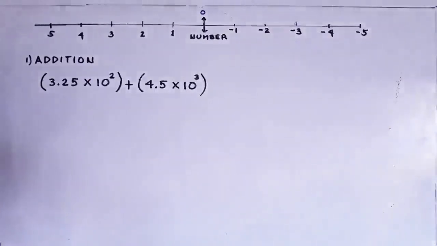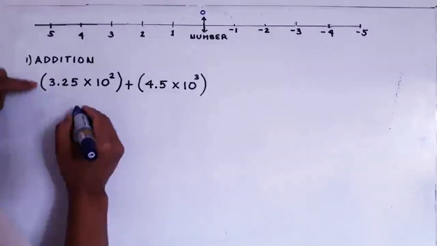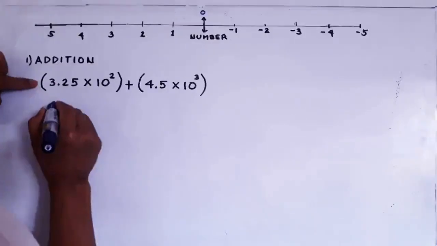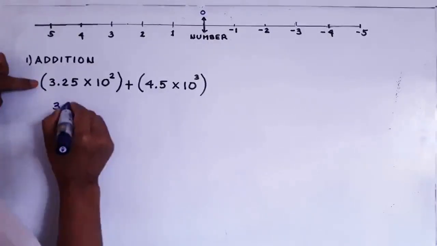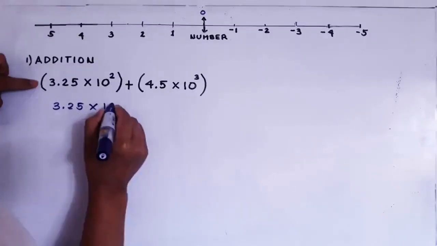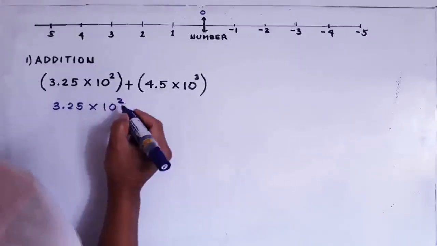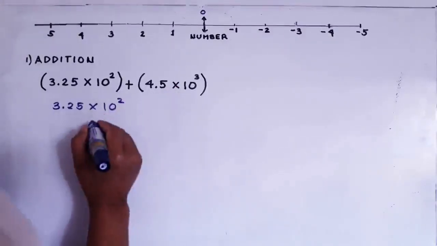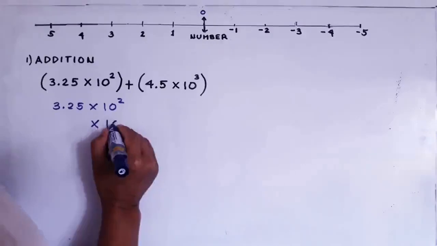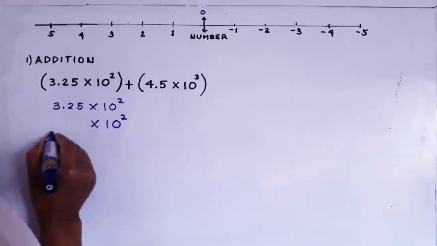Okay, let's have here. So let's write both of them to the second power. So here, I'm just going to write 3.25 times 10 to the second power. Now also this one, we are going to write to the second power, times 10 to the second power.